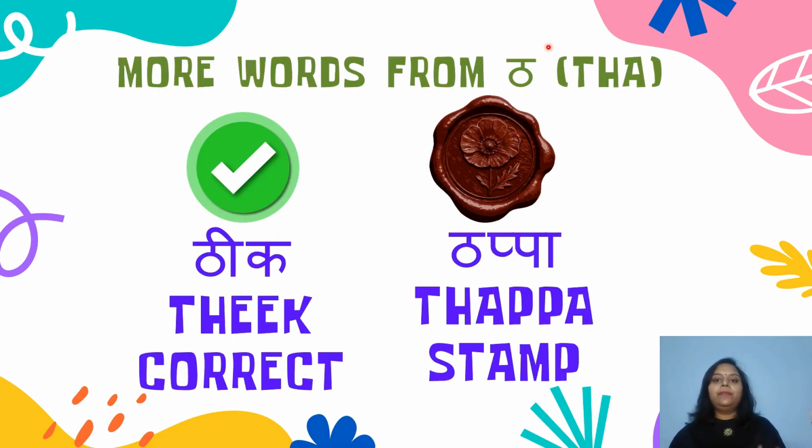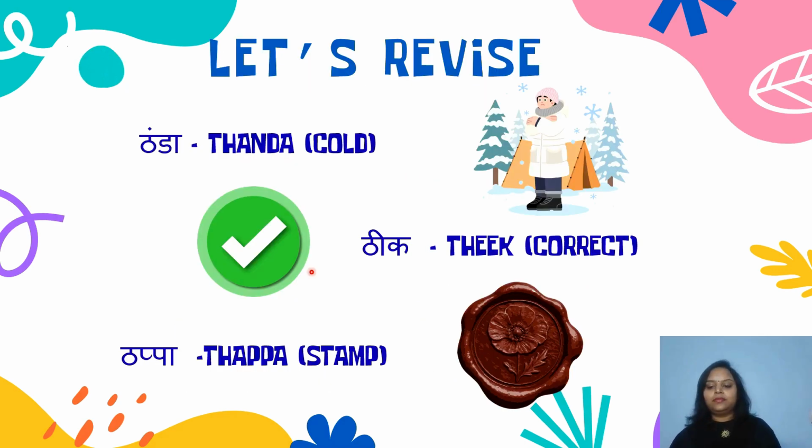More words from tha are thik, which in Hindi means correct, and stamp in Hindi is called thappa. So let's revise. The 3 words starting from tha are thanda, that is cold, thik, that is correct, and thappa, that is stamp in English. Very good, learners.